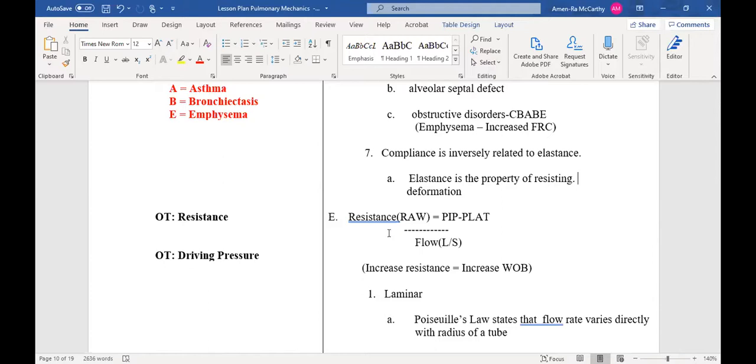You need to also know that an increase in resistance equals an increase in work of breathing.